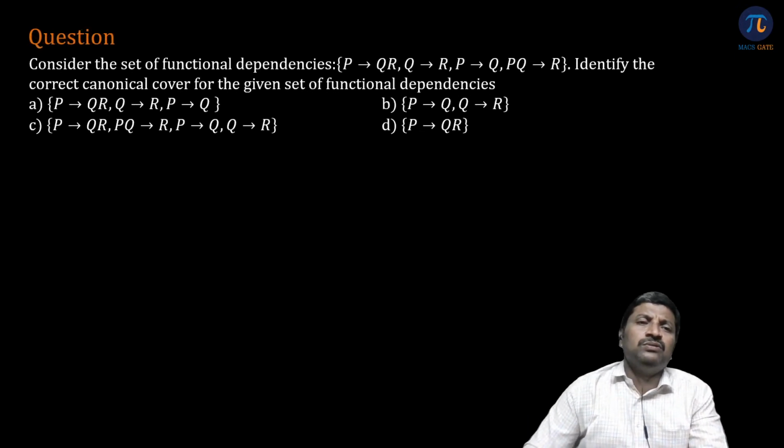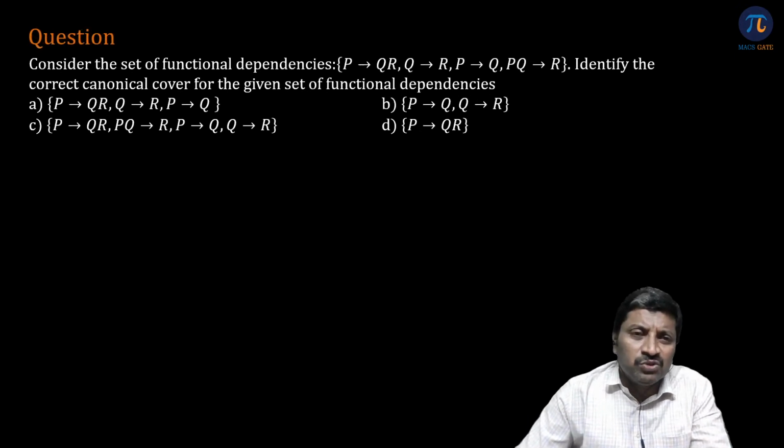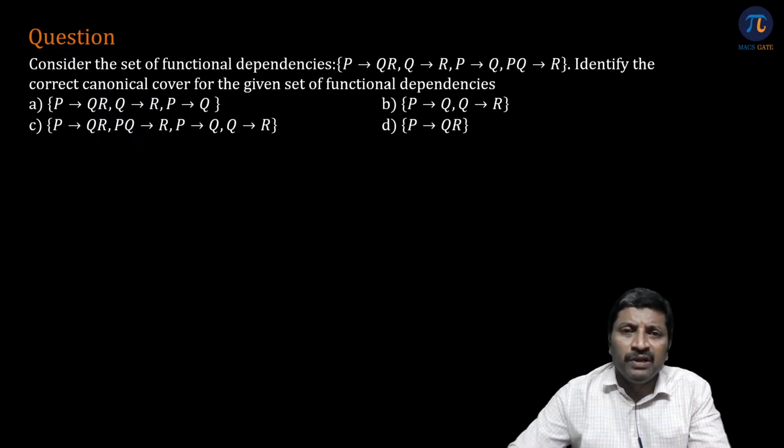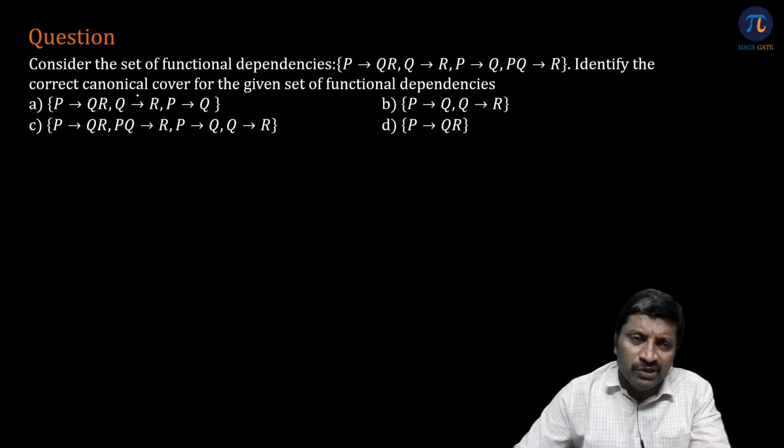Fine. So this is the question, sir. Please go through it. Consider the set of functional dependencies: P goes to QR, Q goes to R, P goes to Q, P goes to R. I need to verify the correct canonical cover.